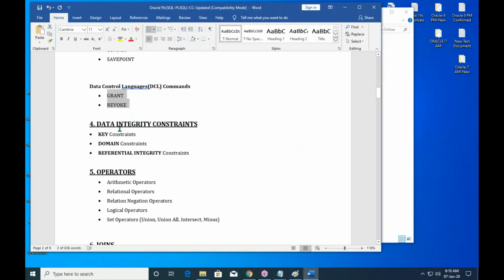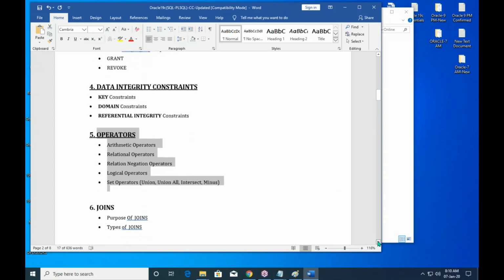After that, what are the business rules? How to apply business rules on the Oracle database tables in the form of constraints: primary key, unique key, check, foreign key. Those points we will discuss here. Next, operators.